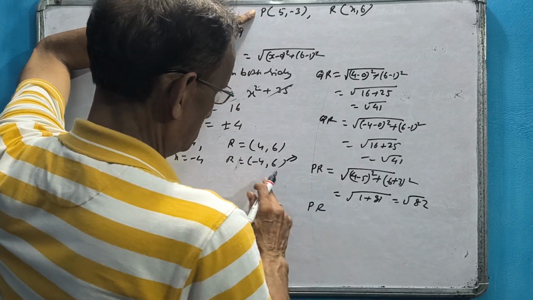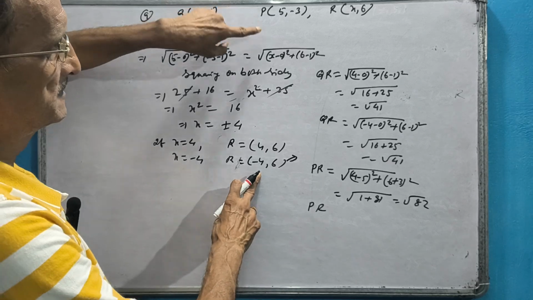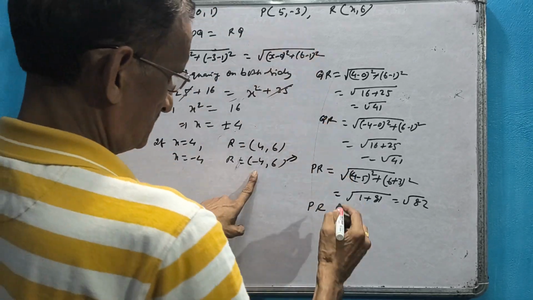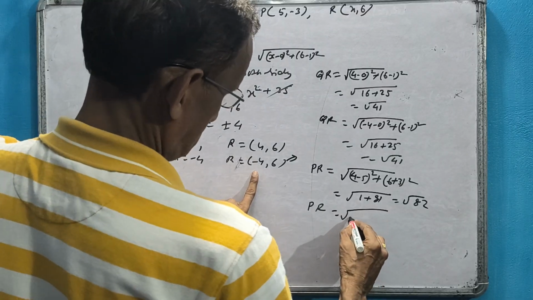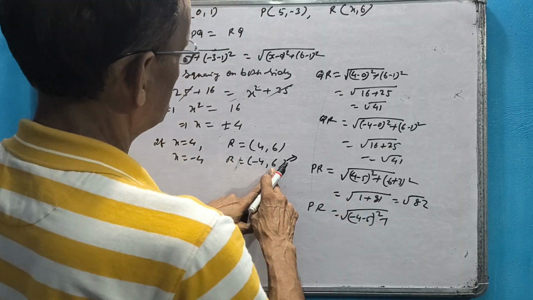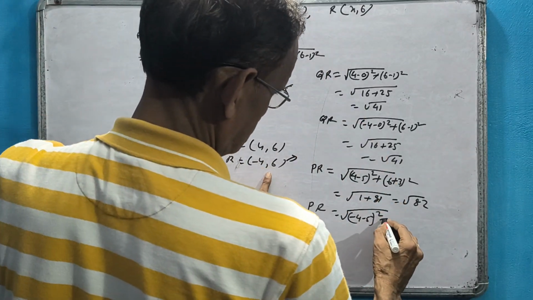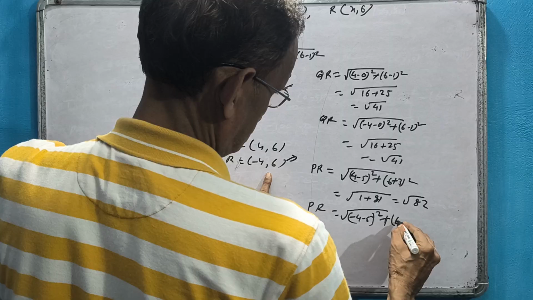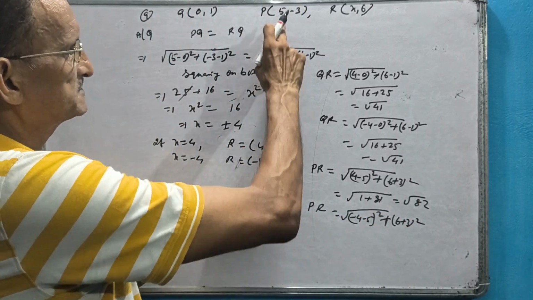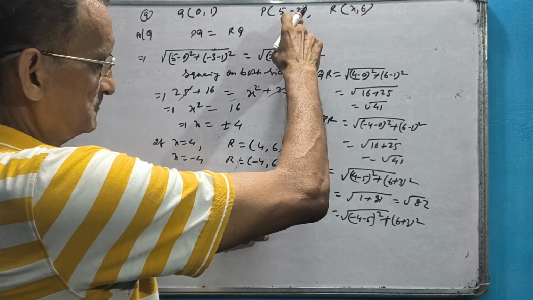Again one more PR, because we have a second point of R. So (-4 minus 5) whole square plus (6 plus 3) whole square, that is x2 minus x1, y2 minus y1.